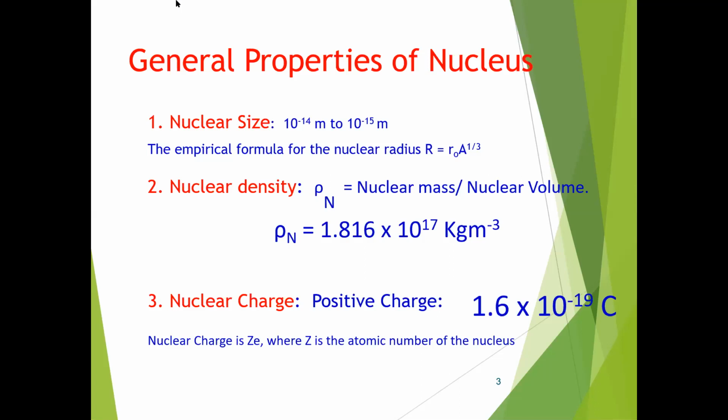From Rutherford's work, the radius of the nucleus comes out to be 10 power minus 14 to 10 power minus 15 meters. So we found the empirical formula for the nuclear radius. R is equal to R0 A to the power of 1 by 3.